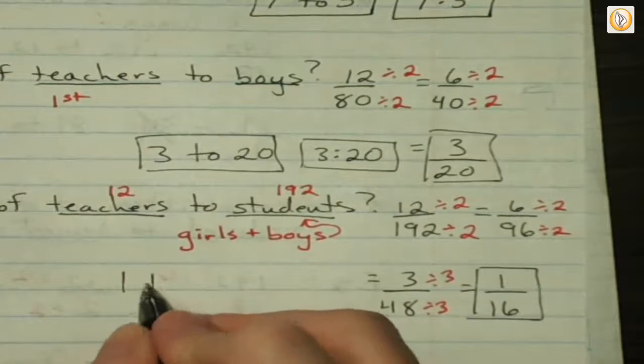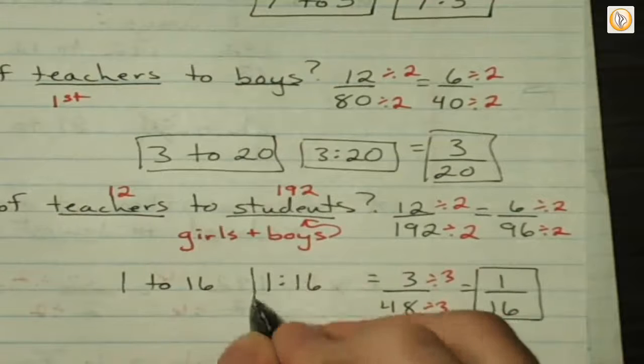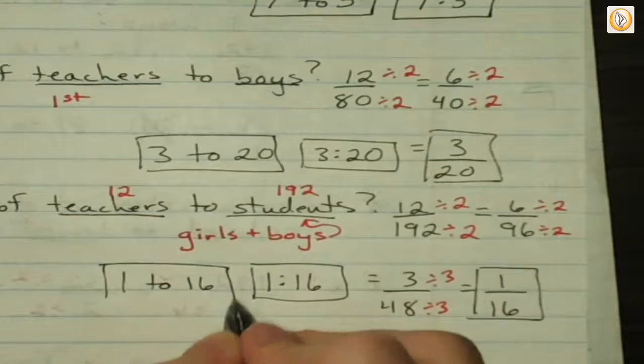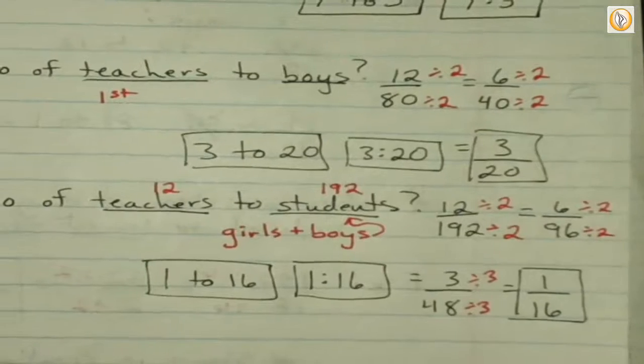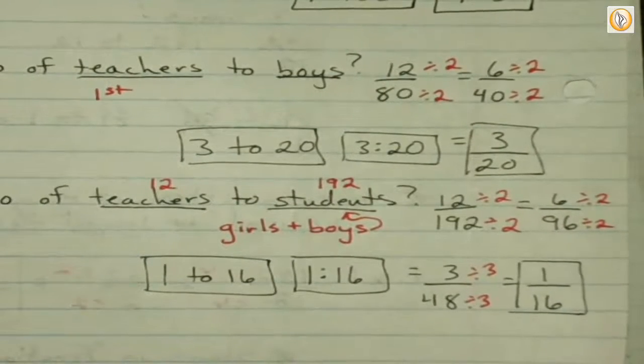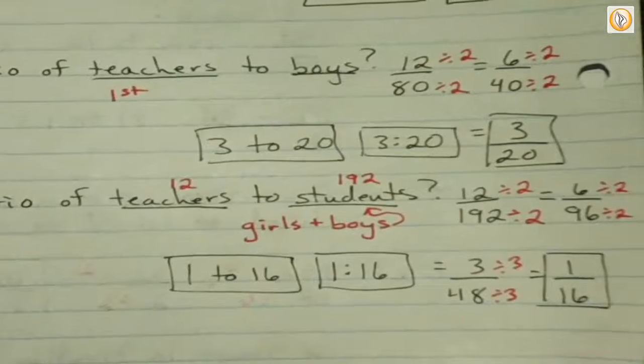Or 1 to 16. Or 1 to 16 with a colon. Any questions? All right. Does everyone have this written down? Okay, so do we understand how to do ratios?